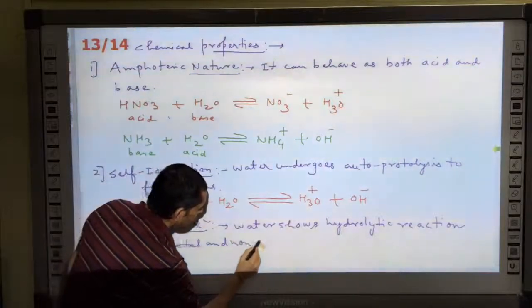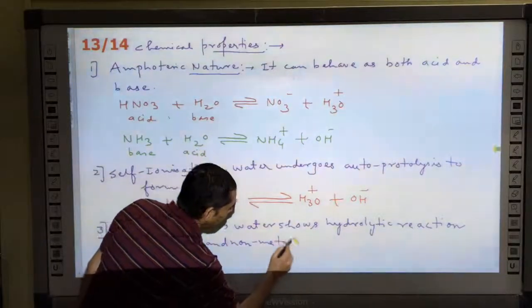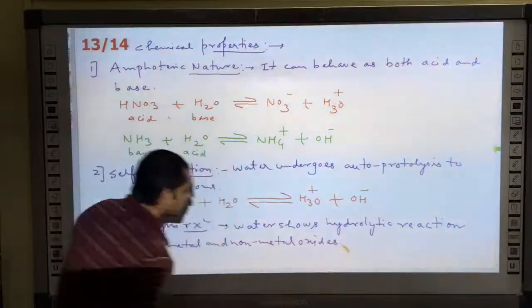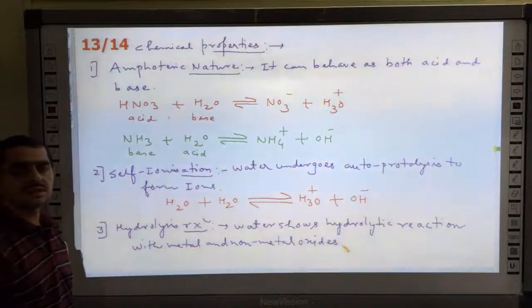It shows hydrolytic reaction when metal and non-metal oxides are reacted with it.